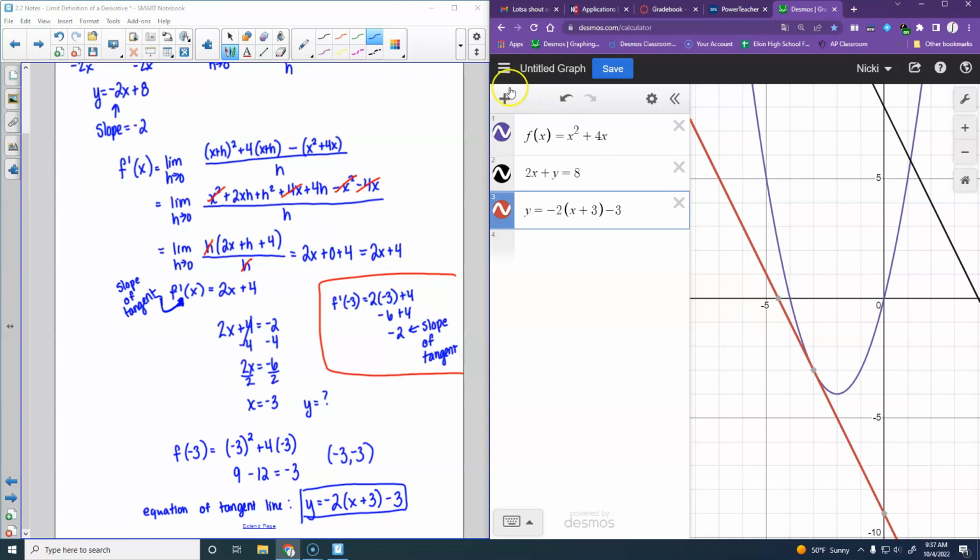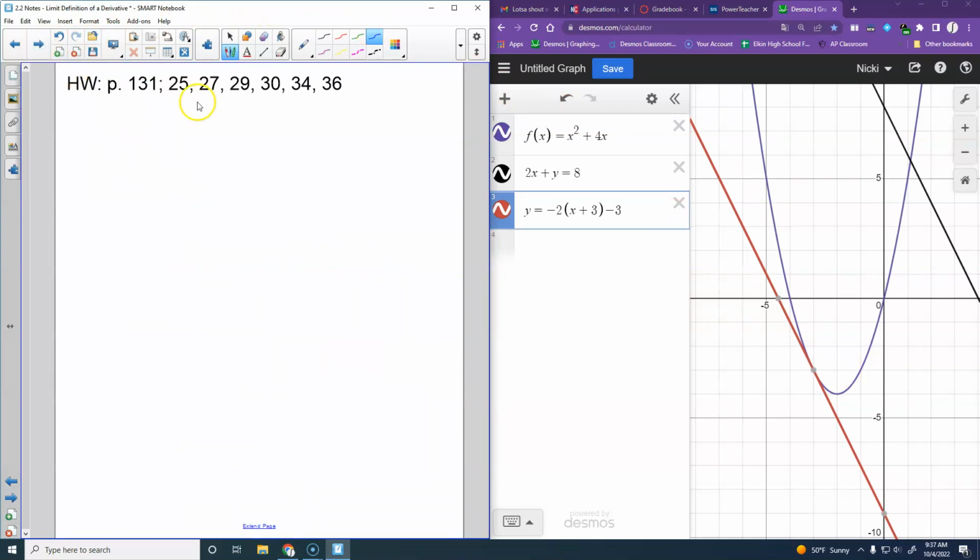All right. Your assignment for tonight is going to be these 6 questions here. The first ones are going to ask for the equation of a tangent line. 34 and 36 are going to be like the last problem that we just did.